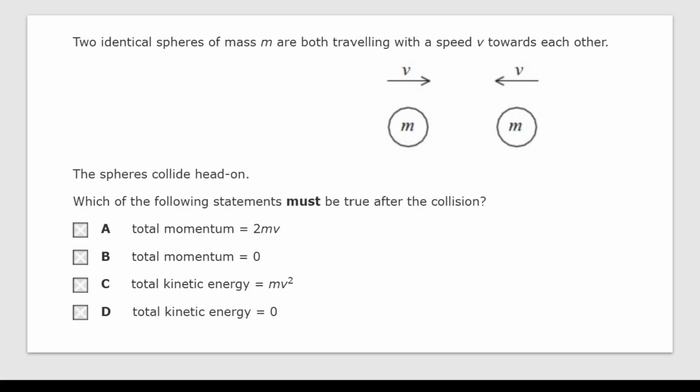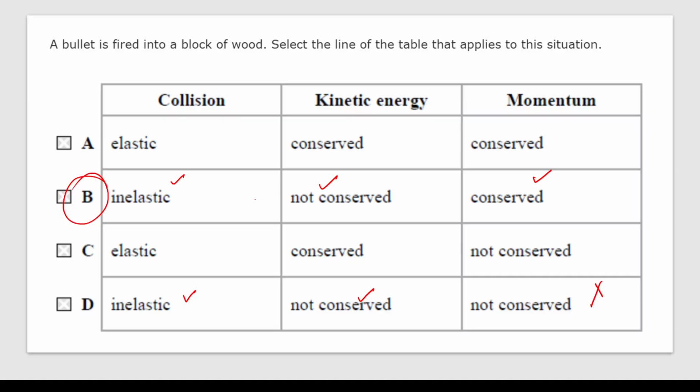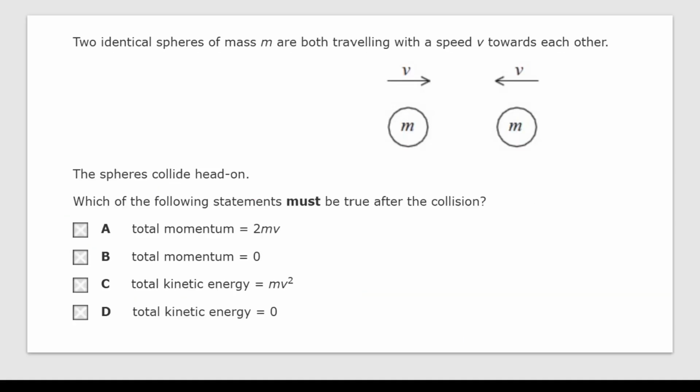Let's do this one. Two identical pairs. Now, this was qualitative. Now this has turned into quantitative. They want you to do some kind of equations, algebra, and then figure it out. So identical bodies of mass m. This one is mass m. So what's the momentum for this one? mv. But the momentum for this one is minus mv. Why? Opposite direction. Remember, momentum is a vector. So at the start, what's the total momentum?